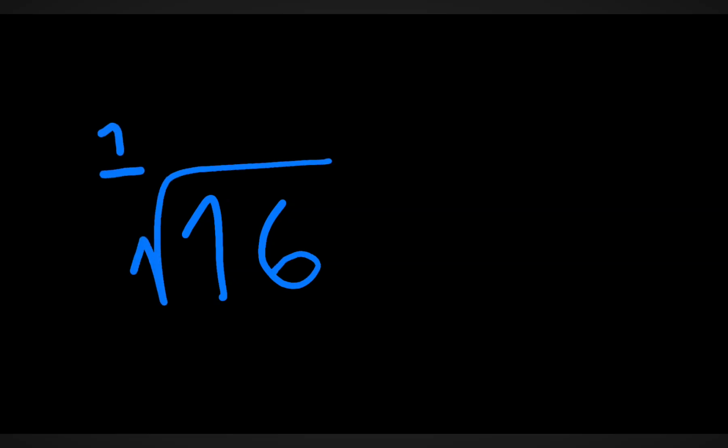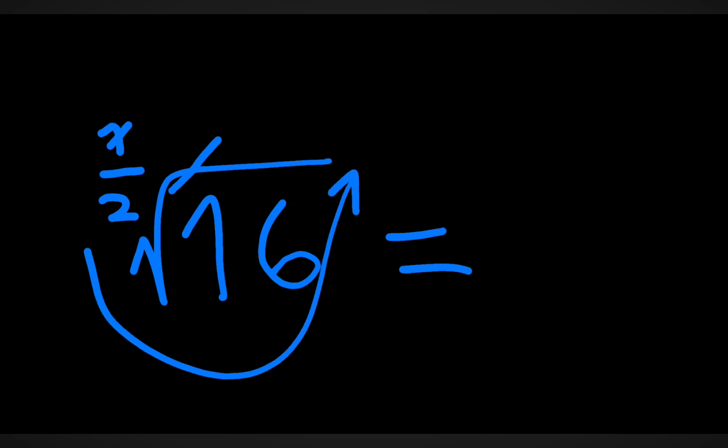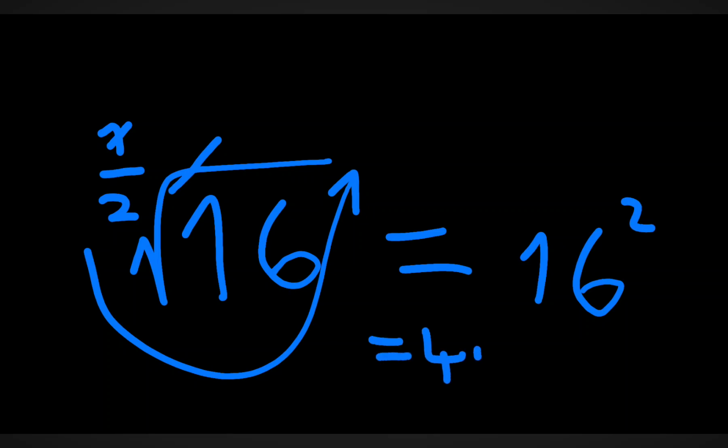Let's do examples of numbers. The base is 16. Now we take the half root of it. What would it be? Cancel out the ones and the roots. Put the 2 in here. That would look like 16 squared. And you know that would be 4096.